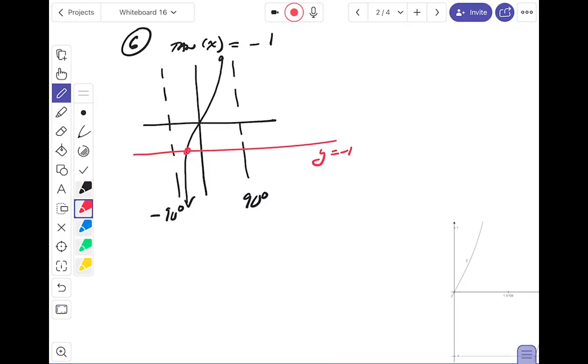Yeah, one time. That's it. And then you should know the reference triangle for that is a 45, 45, 90. So I would get x equals -45 degrees. I want to point out why that is. I'm between -90 and 0. Plus, what's the length of that curve? Right, the cycle length. Well, it's 180 degrees.